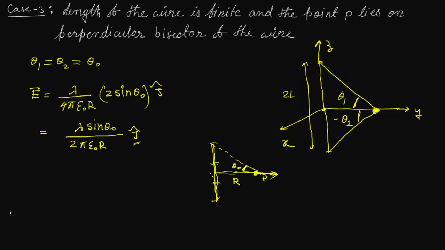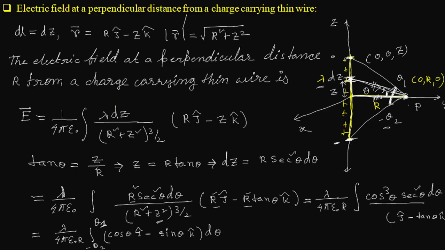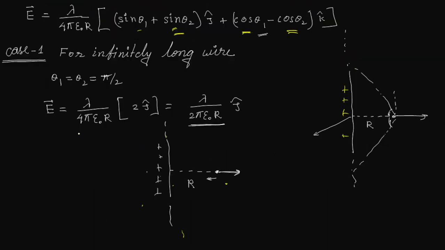Okay. So these are three special cases. Try to remember them, but the main thing is, if you can understand how we get this electric field here, then you can put in the value of theta for different cases and get the value of the electric field. But I will request you to try to remember this result with this generalized figure.